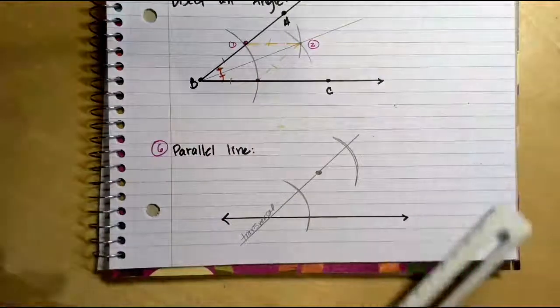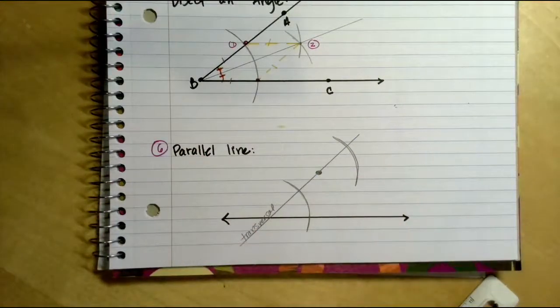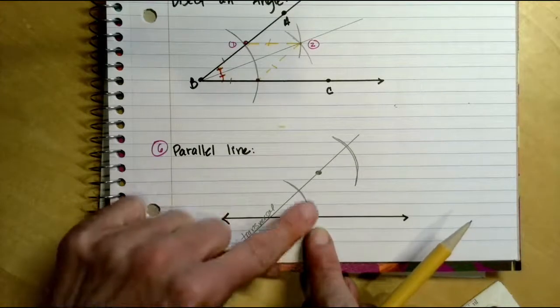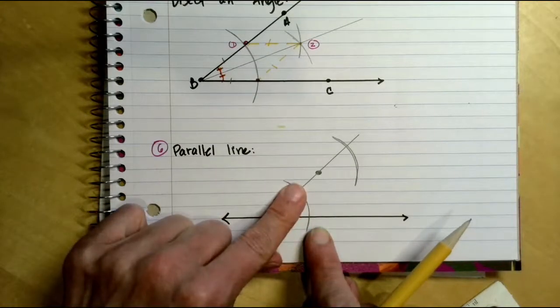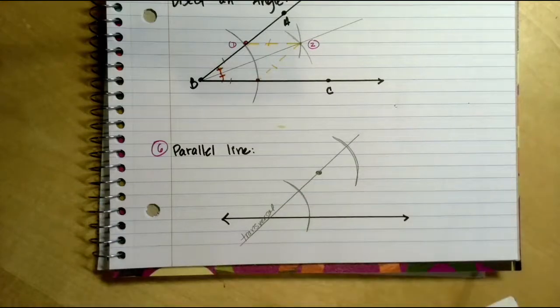So this feels a little backwards because you're like, wait, we don't have the bottom part. I know, because that's the part we're waiting to see what's going to be parallel. So before, when we copied an angle, we measured up to know where to draw my line. Well, now we're going to be measuring down to know where to draw my parallel line.